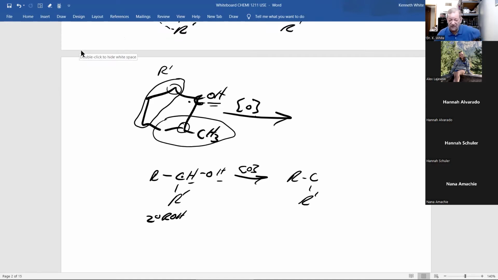Doesn't really make a difference, but I already wrote it this way here. So you form a carbon-oxygen double bond. Now, do you break carbon-carbon single bonds? No. So really look at this and you say a ring with a methyl group. I'm going to end up with a ring, six-membered ring, methyl group. Which carbon had the hydroxyl group? That's this one. That will be the carbon double bonded to oxygen. And that's how you do it.